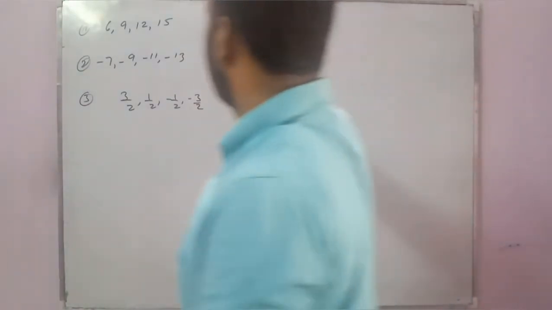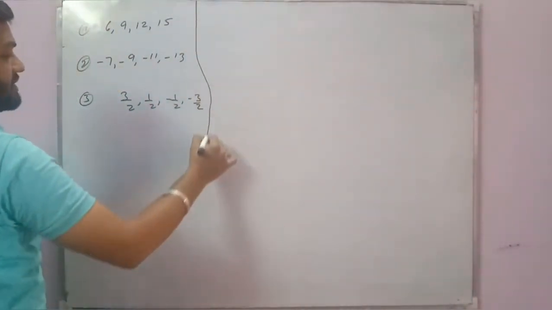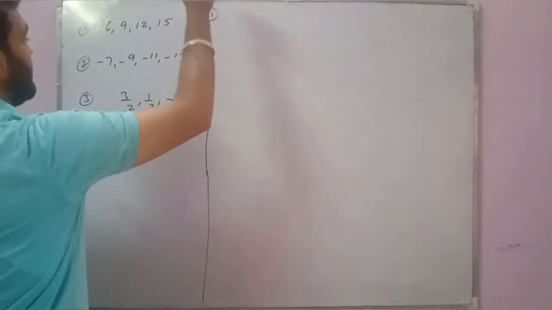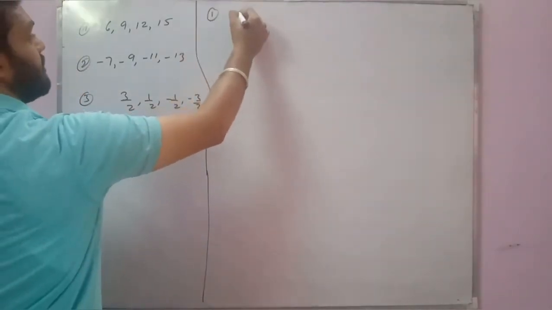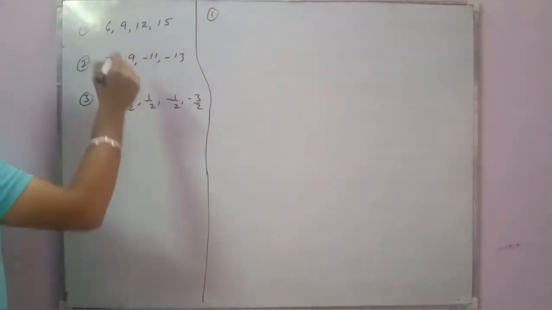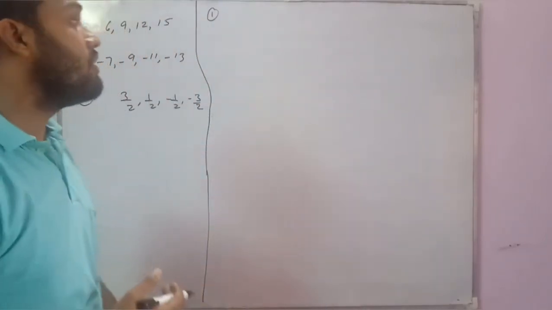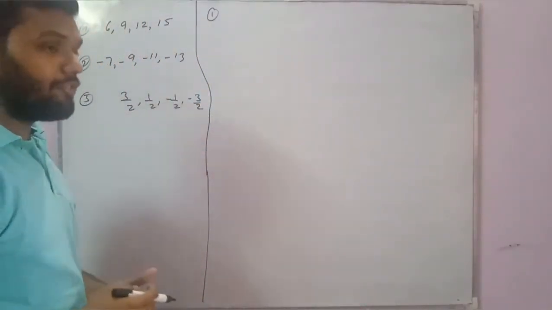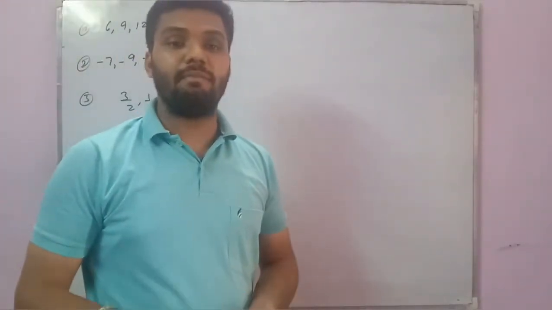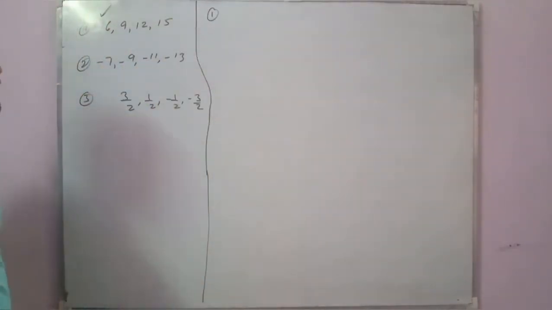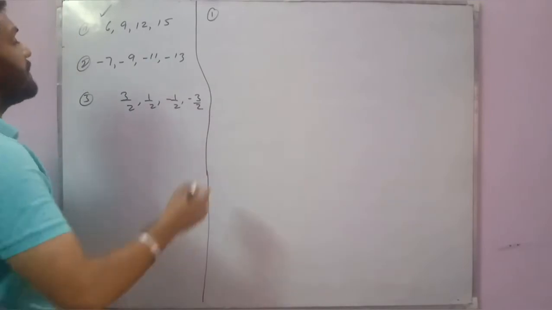We find whether these series are in AP, yes or no. Let's start with the first. We find the common difference in each term. If the common difference is the same, then this sequence is an AP, otherwise it is not an AP.